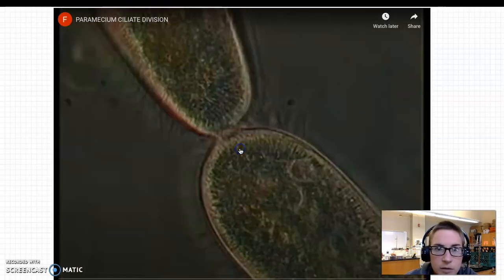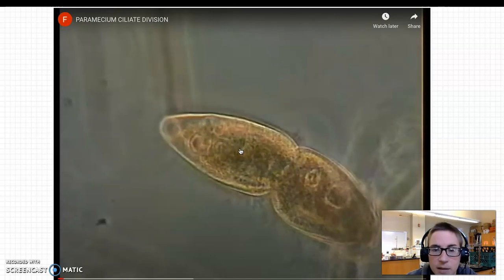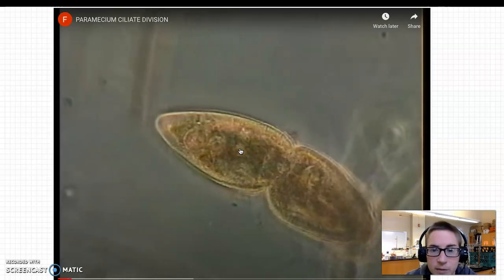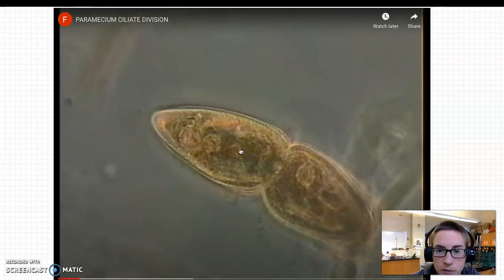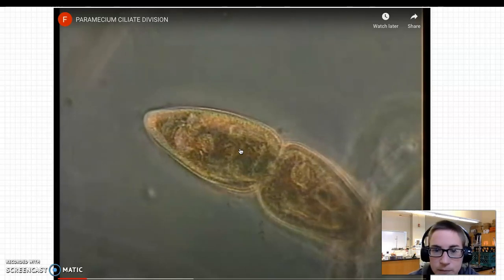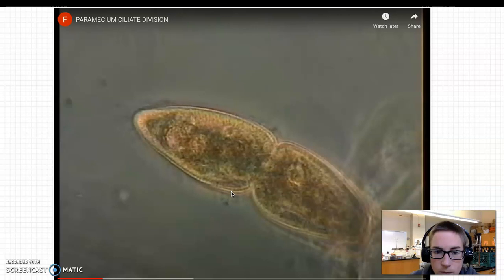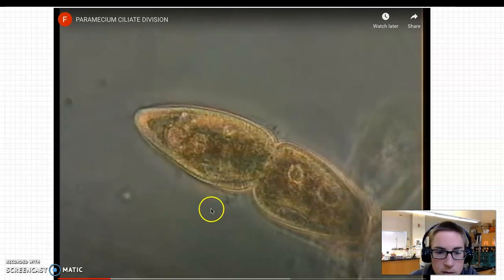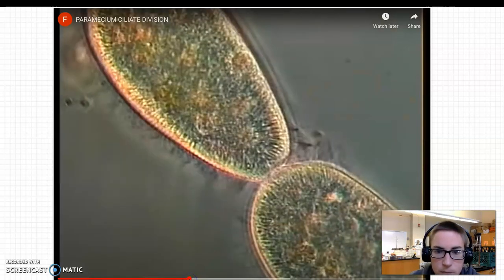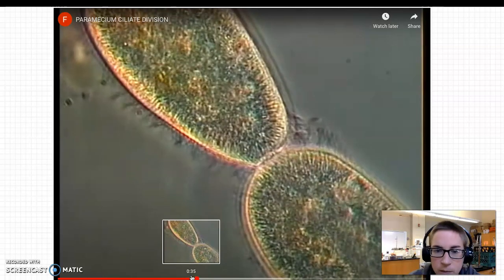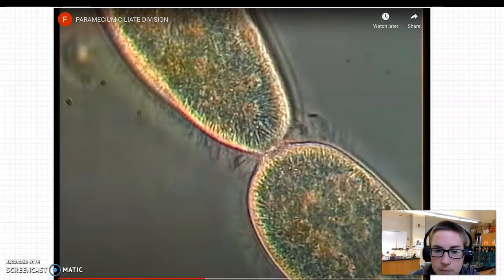This is a longer video, so I probably won't play the whole thing, but this is one paramecium dividing into two paramecia. So it's performing the process of binary fission. You can see this like blurriness, which is the cilia. It's kind of long, so let's fast forward. Oh, we can see they've almost made it.